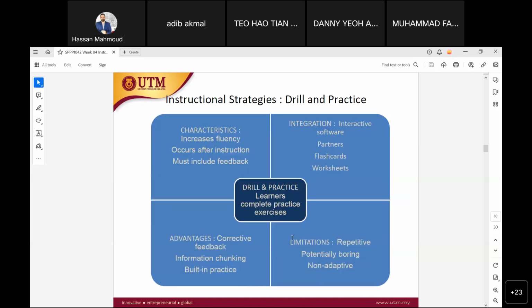The characteristics of drill and practice: it increases fluency, occurs after instruction, and must include feedback. So if you don't give feedback to your students, it's not drill and practice. It mainly depends on how many times the students can repeat and your feedback as a teacher.